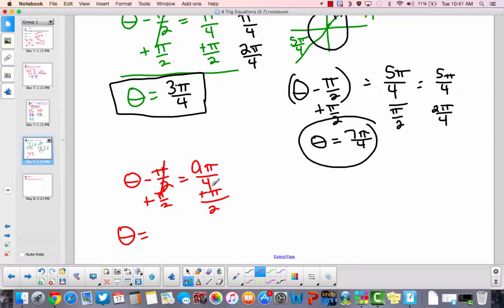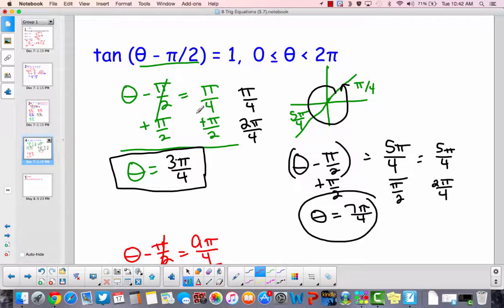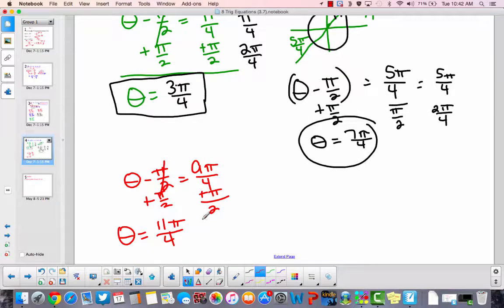This is 9 pi over 4 plus 2 pi over 4, which is 11 pi over 4. Is that still in our interval? No, it's not, because 11 divided by 4 is bigger than 2. It's almost 3, so that would not fit in our interval between 0 and 2 pi. So this one doesn't work.